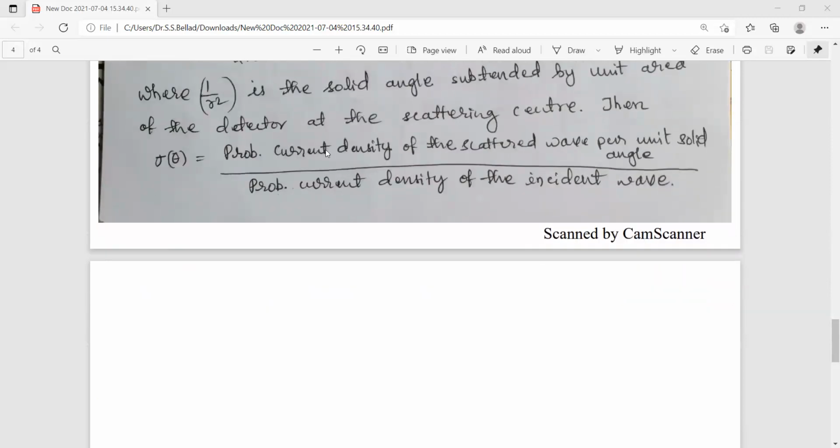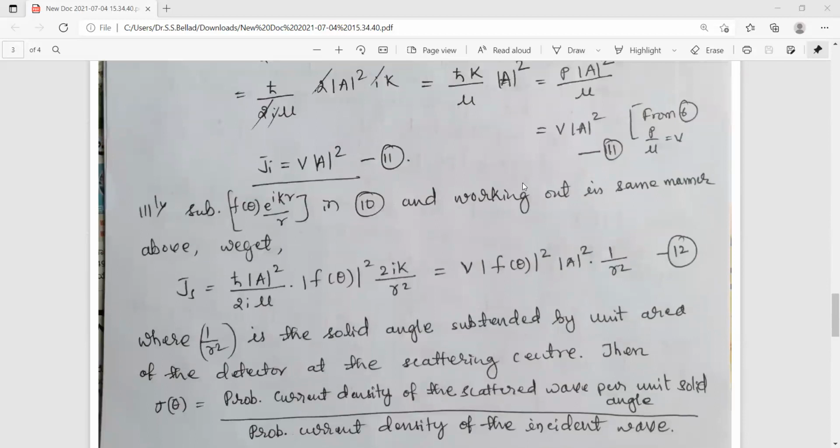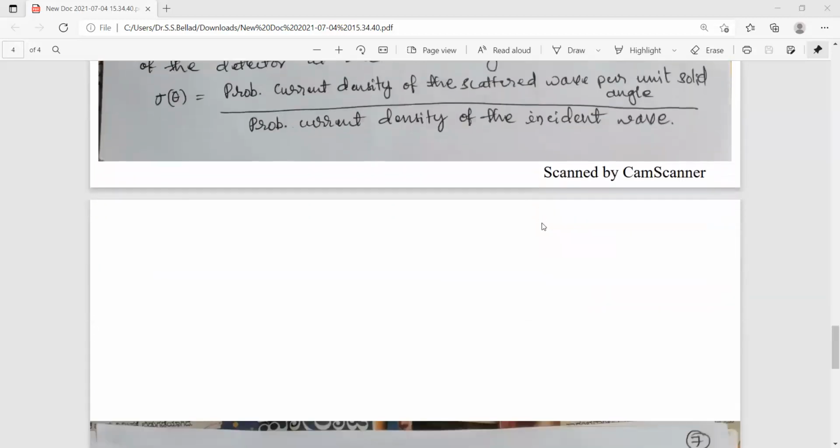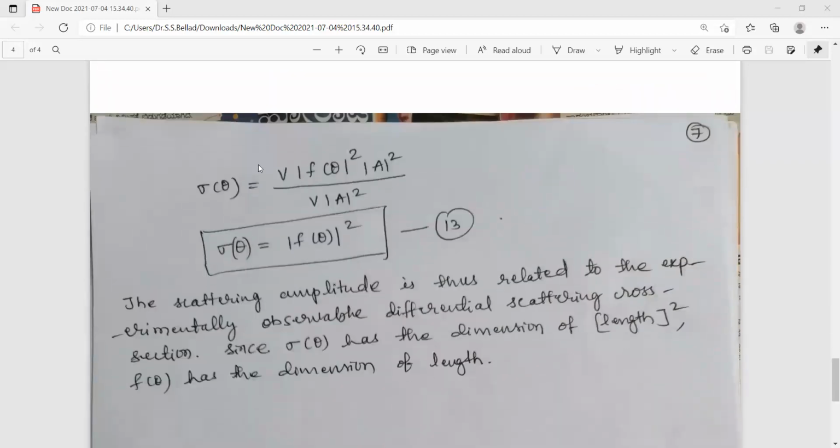Now you substitute the numerator and denominator values from equations 12 and 11. Here again V gets cancelled, and mod A square gets cancelled, and you are left with simply mod F of theta square. This is also a positive quantity, so we put it inside a mod.